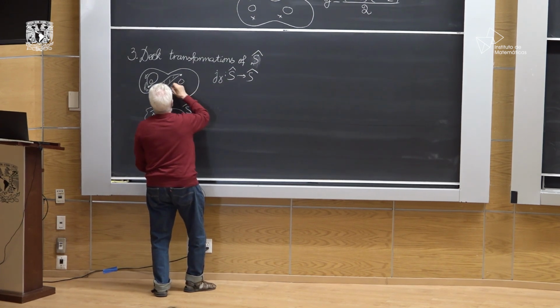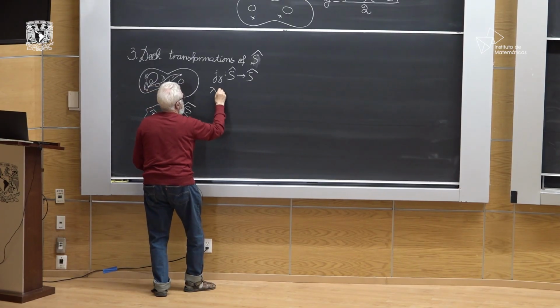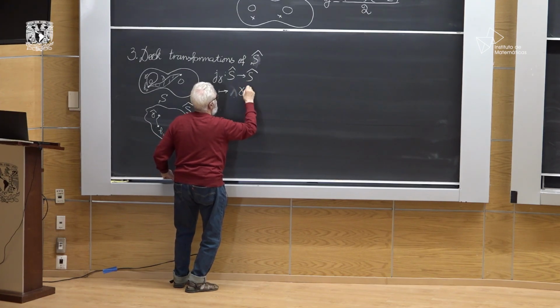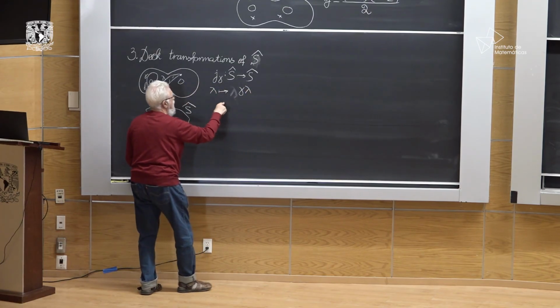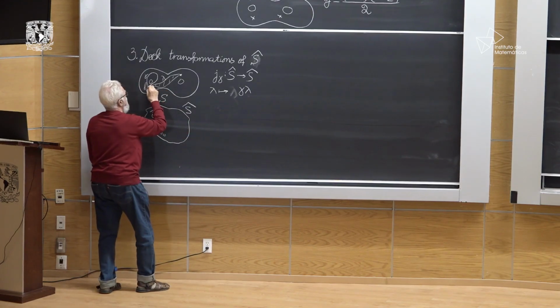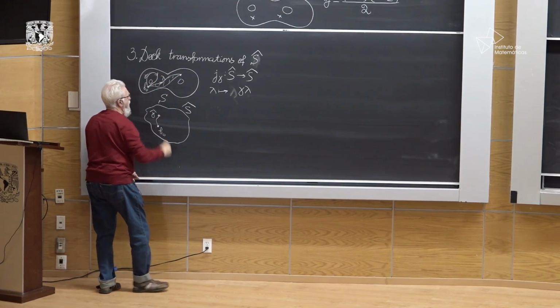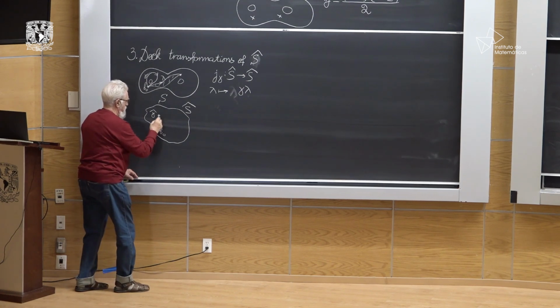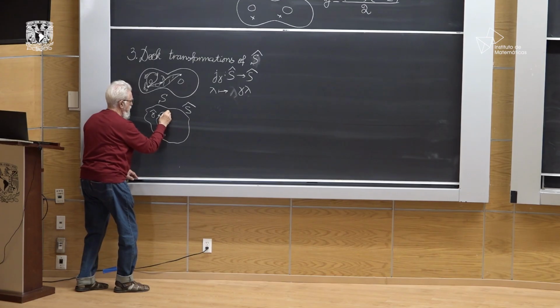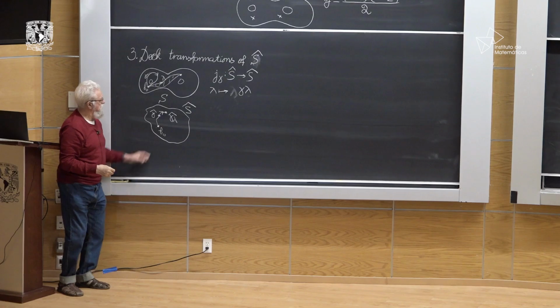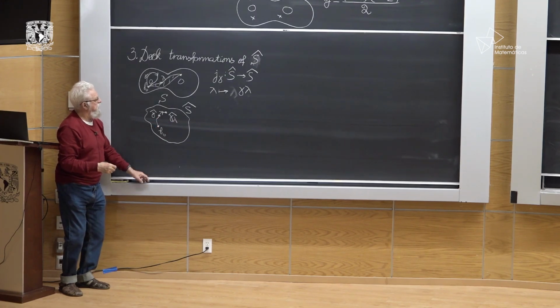Any curve, say lambda, comes to a curve gamma lambda. So for the universal cover, you get a so-called deck transformation: gamma hat comes to gamma lambda hat.